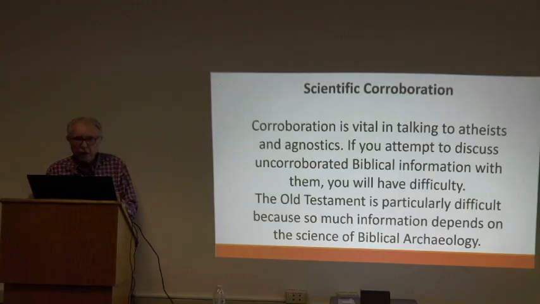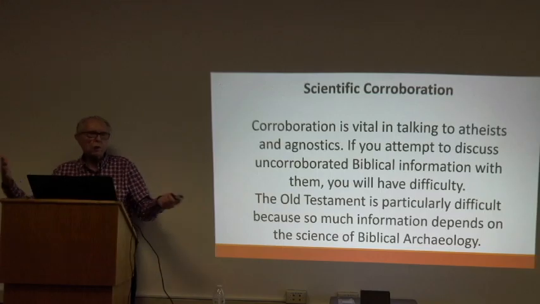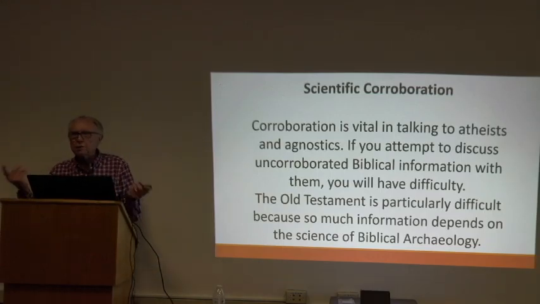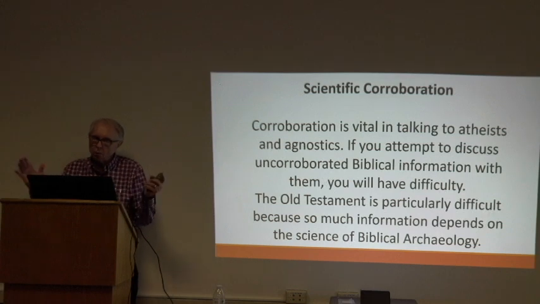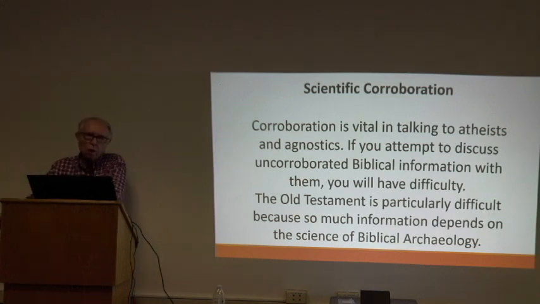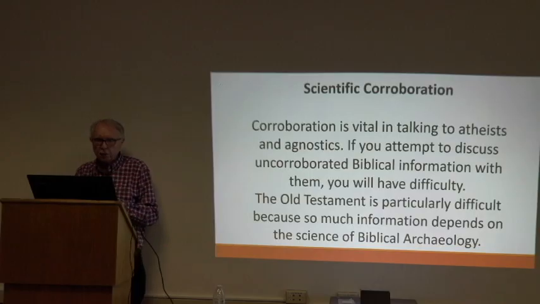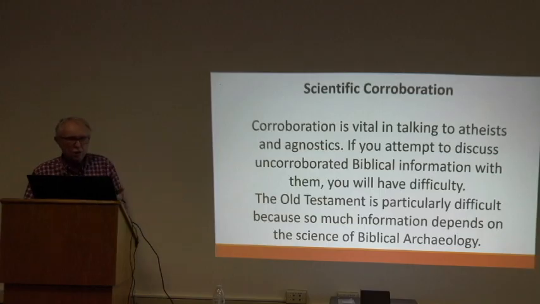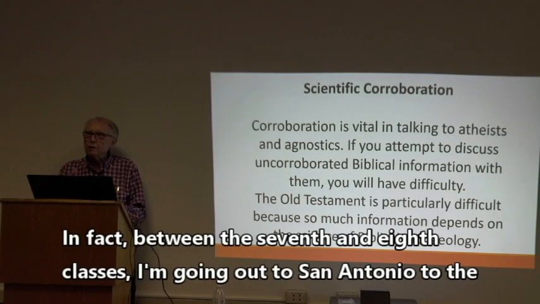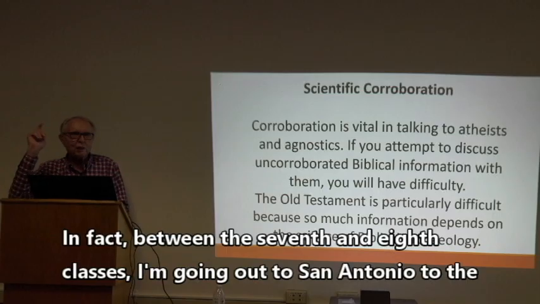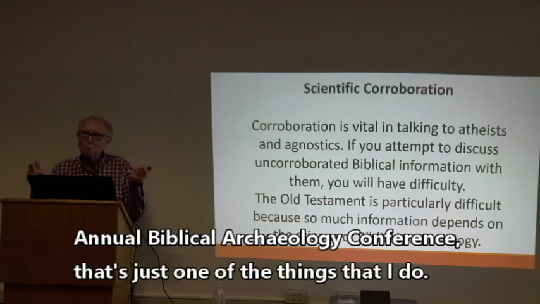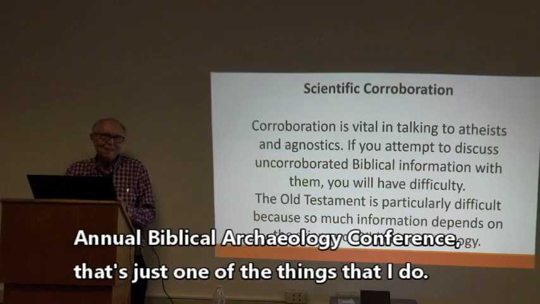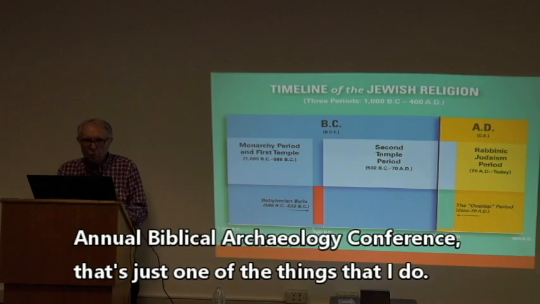Scientific corroboration is vital if you're talking to atheists or agnostics or skeptics, because if you attempt to discuss uncorroborated biblical information, you will have difficulty. And the Old Testament is particularly difficult because so much of the information depends on the science of biblical archaeology, which in fact, between the 7th and 8th classes, I'm going out to San Antonio to the annual Biblical Archaeology Conference. That's just one of the things that I do.